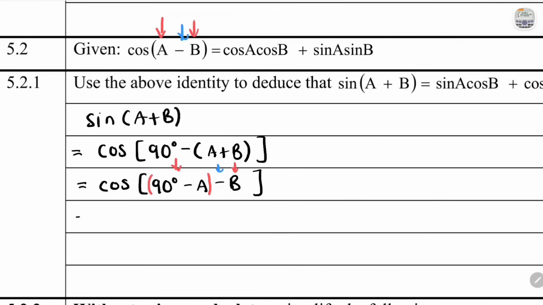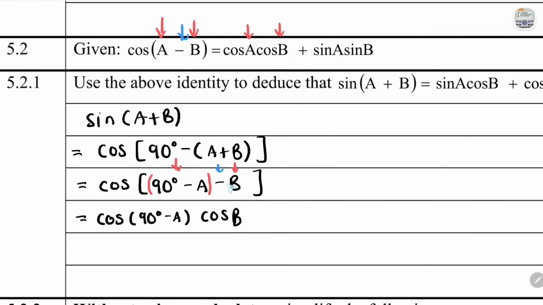You see how this expanded to cos of that first angle, so we will also say this expands to cos of our first angle, which is 90 degrees minus A, and then multiply by cos of the second angle. Here, their second angle is B, and our second angle is also B.